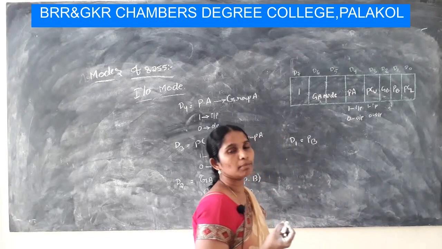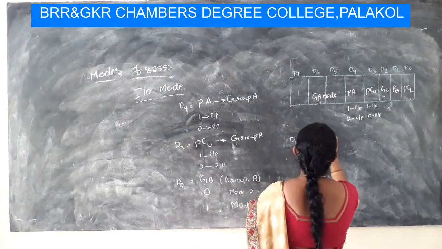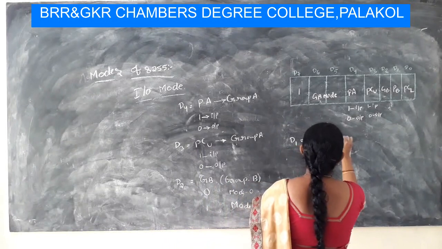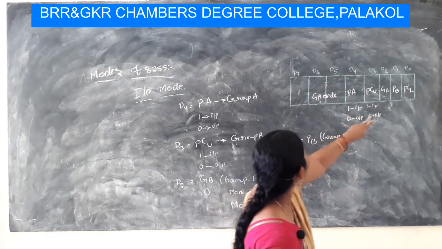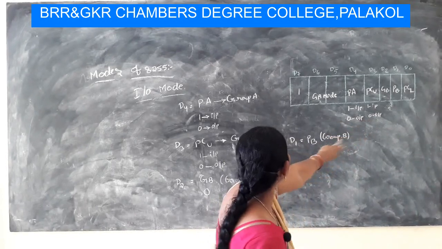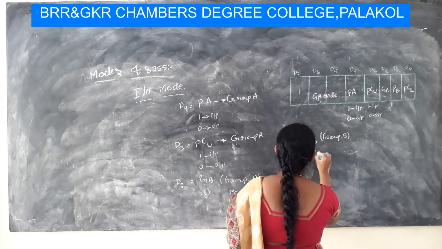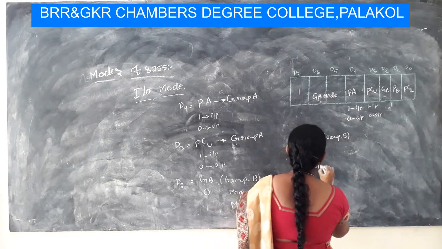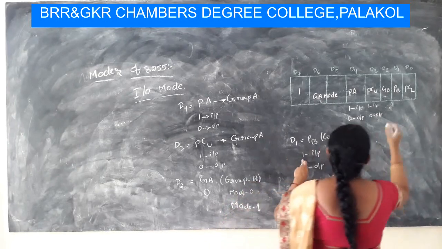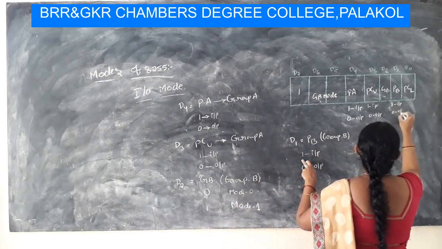PB is nothing but port B, which belongs to group B. So here, when it is 1 it acts as an input port, and when it is 0 it acts as an output port. This is 1 for input and 0 for output.